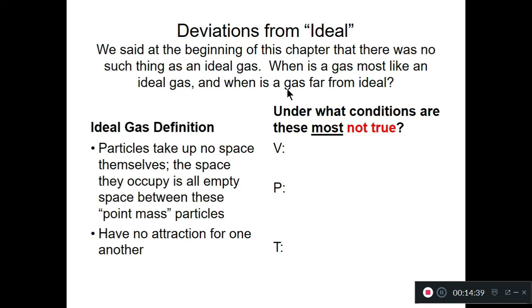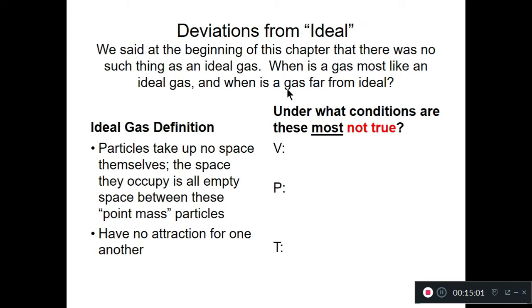The last topic in this chapter is really sort of talking about the very beginning. I said there is no such thing as an ideal gas. We have gases that come close to being ideal, but we really need to know when a gas is not very ideal, so that we know we're going to have problems when we use the ideal gas law, and the calculations aren't going to be quite sufficient.